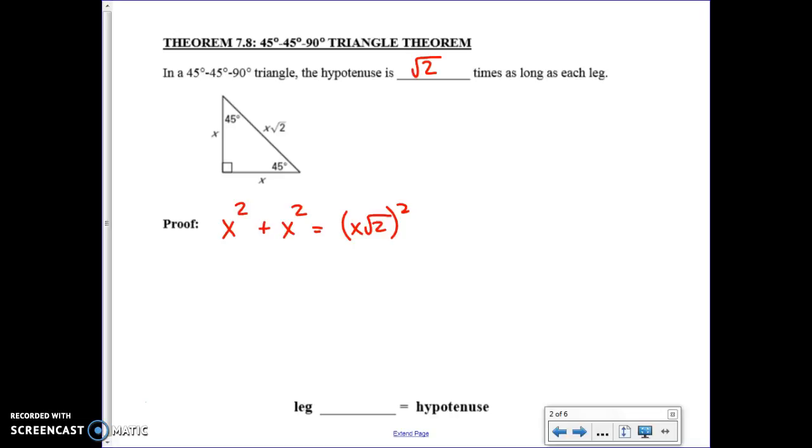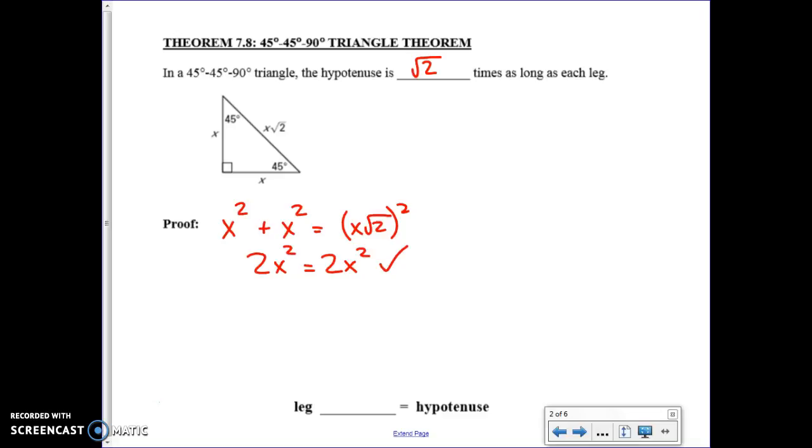So 1x squared plus 1x squared is 2x squared. And over here, if I square these, the square root of 2 squared is just 2, and I end up with 2x squared.